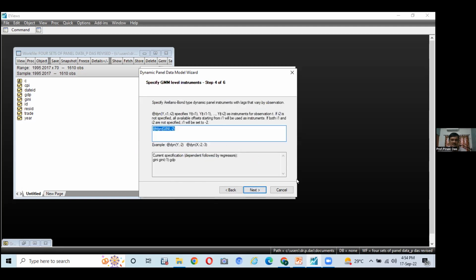Then next, that is the fourth step, and this fourth step is the incorporation of the lag dependent variable.